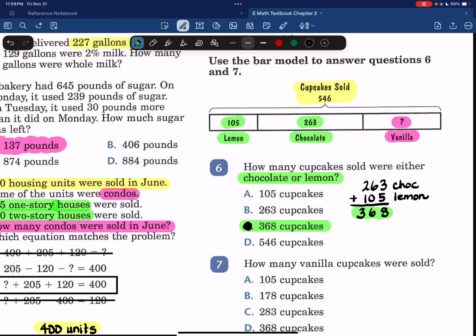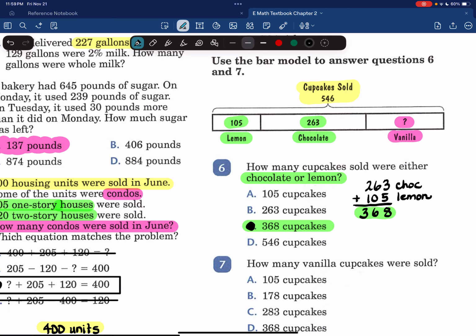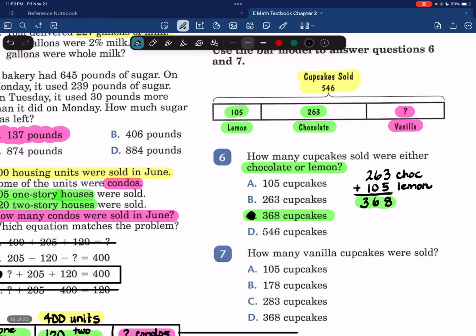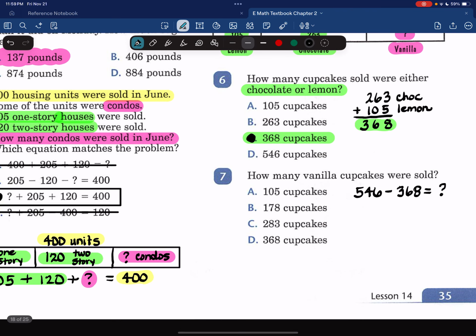So once we know that, we can find out how many vanilla cupcakes were sold. Because we know that there were 546 cupcakes total, and we're going to minus the 368 that are chocolate and lemon, and that will give us the number of vanilla.